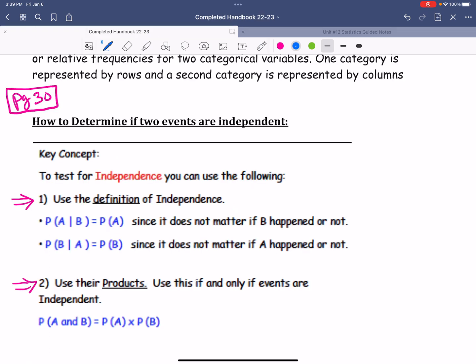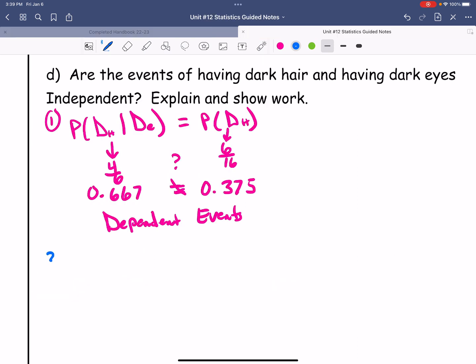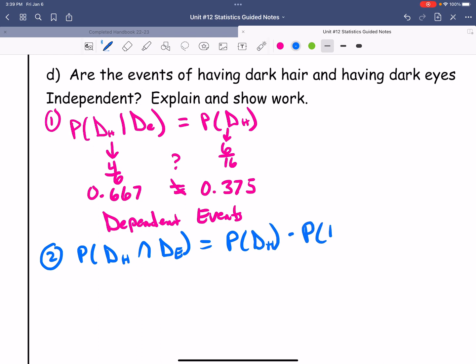Now, there is a second definition, which is using products. So going down here, we're going to use products. The second definition: if the probability of A and B, I'm going to be more specific, the probability of dark hair and dark eyes is equal to the probability of dark hair times the probability of dark eyes, then we know the events are independent.